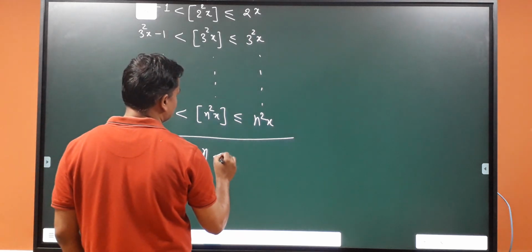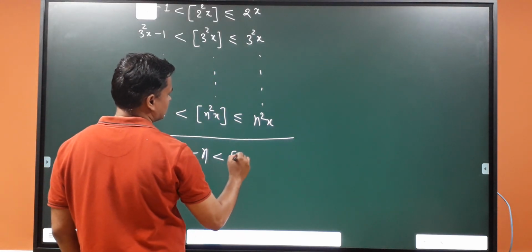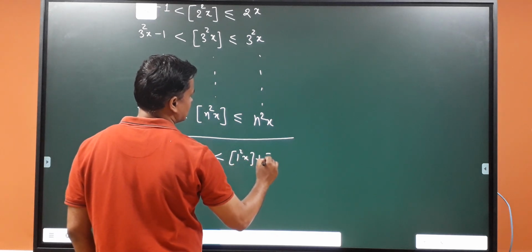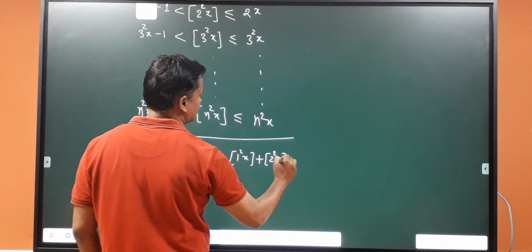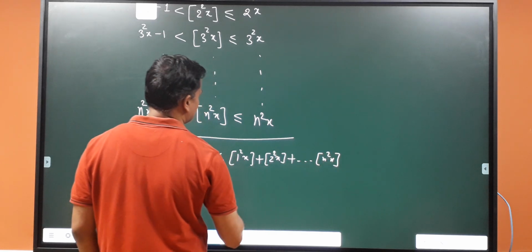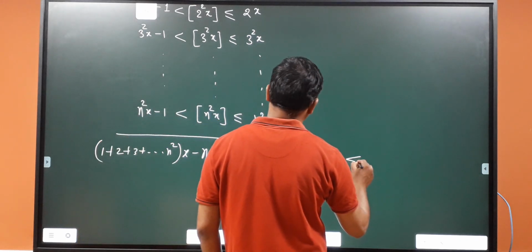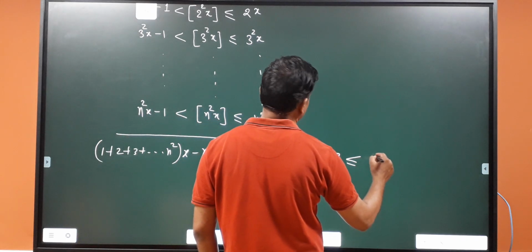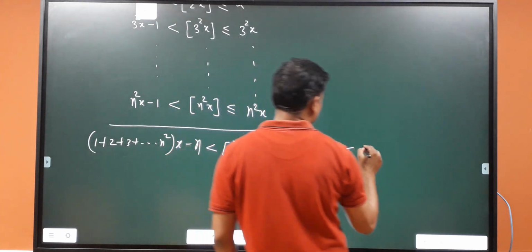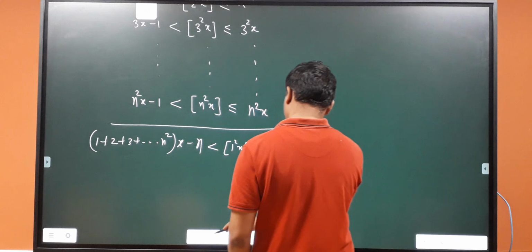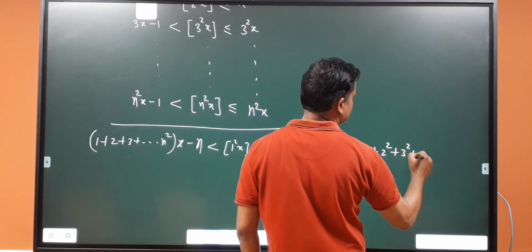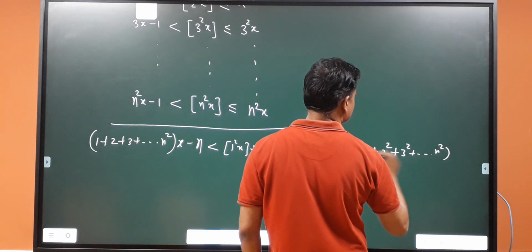In between it will be the function that we are interested in finding, 1 square x plus 2 square x plus 3 square x dot dot dot n square x, and on the extreme right it will be 1 plus 2 square plus 3 square plus till n square, into x.